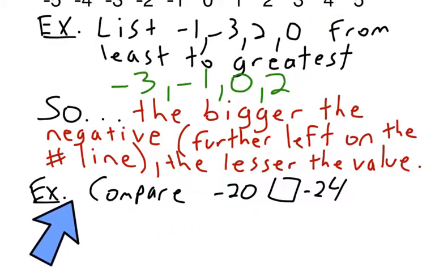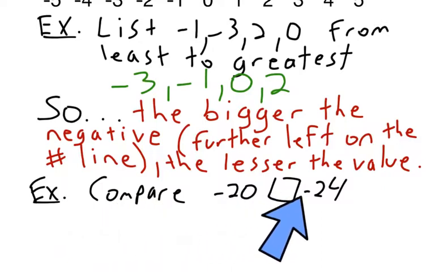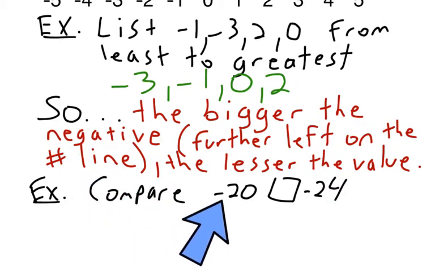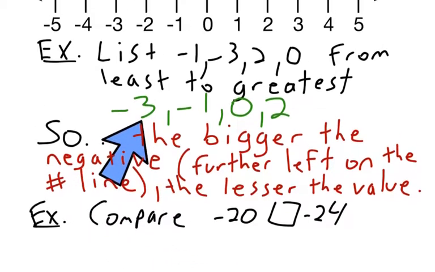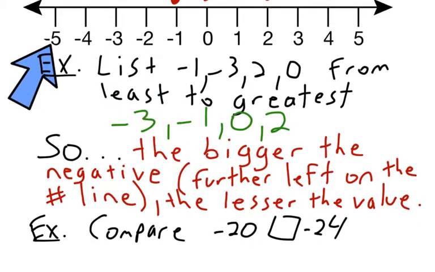All right, so let's just try an example on that. If we were to compare -20 and -24, well, I don't feel like making a number line for that because those are some pretty big numbers, but I can definitely visualize from my number line, -24 is going to be way to the left, and -20 is going to be a little bit to the right of that.